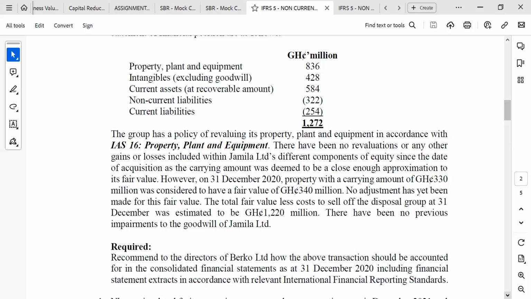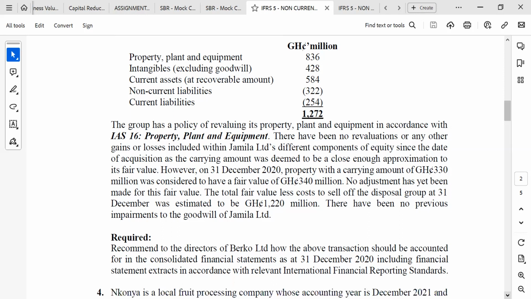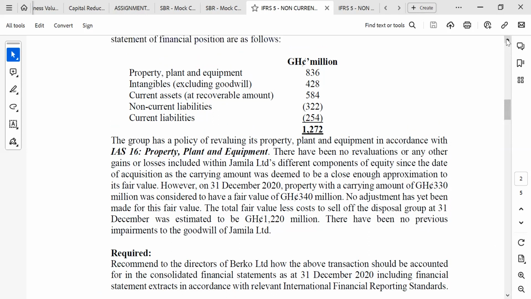Required: Recommend to the Directors of Beacon Limited how the above transactions should be accounted for in the consolidated financial statements as at 31st December 2020, including financial statement extracts in accordance with relevant International Financial Reporting Standards.